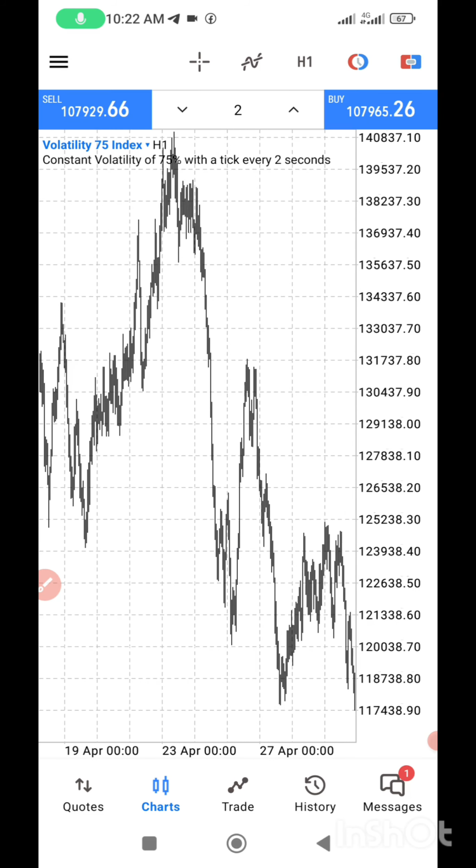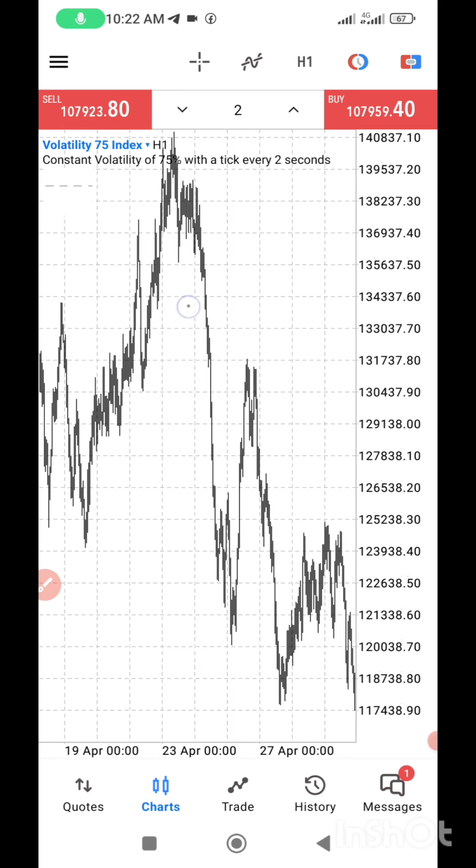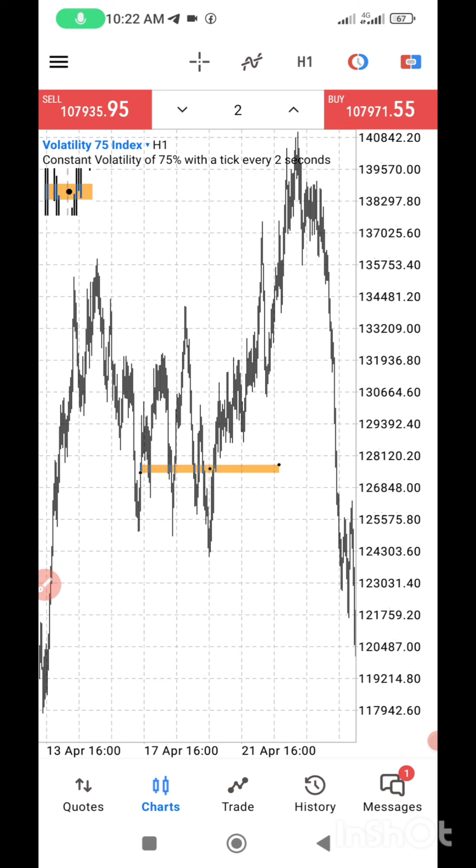I'm going to mark most of them with a rectangular slab. This session is a minimum escape range. Once you place a trade in this session, it's going to end up in profit, and it's not going to hit your stop loss. Another minimum escape price range is here. Once you place your trade here, it's going straight up. It's not going to hit your stop loss.